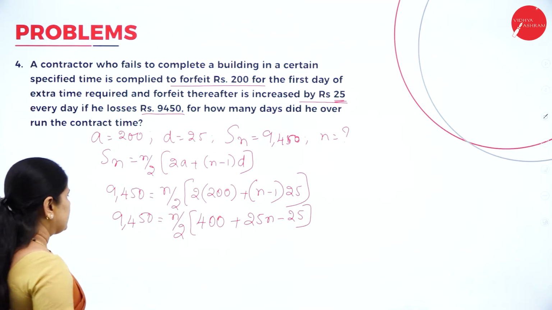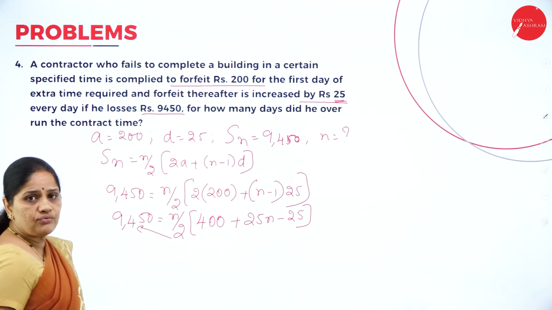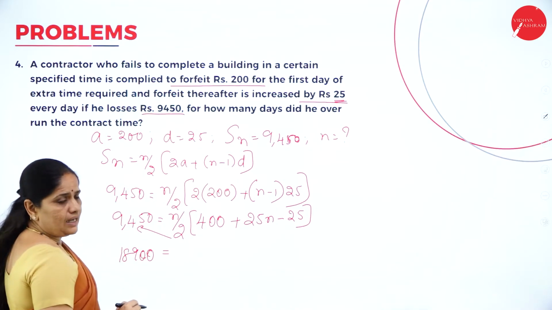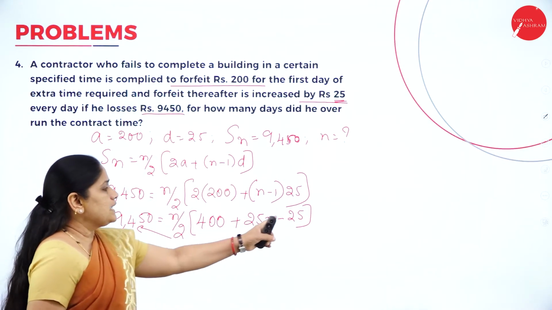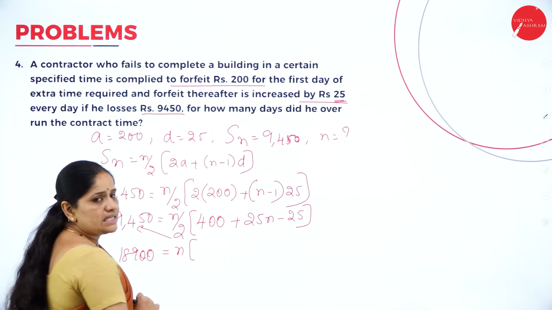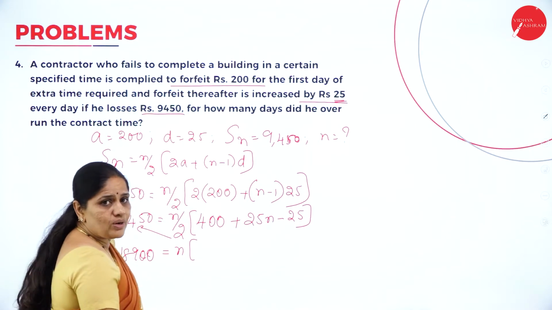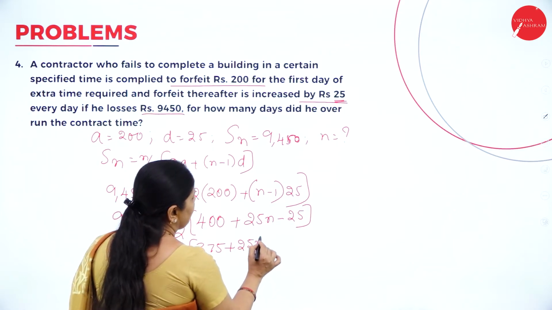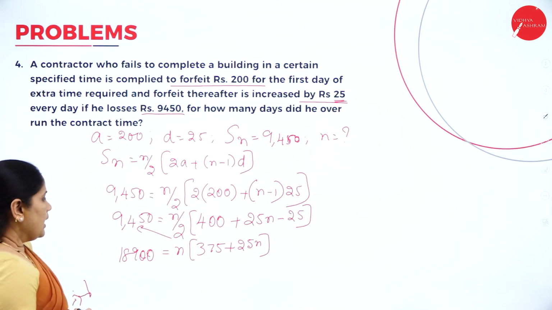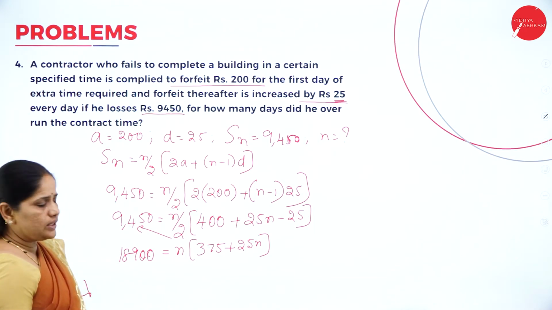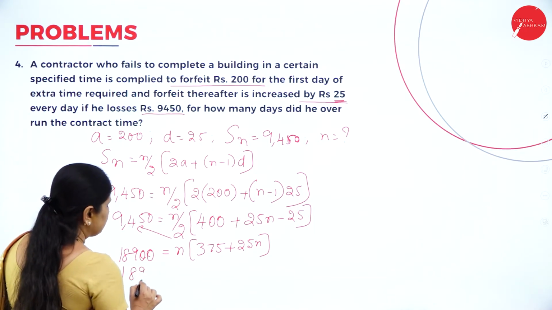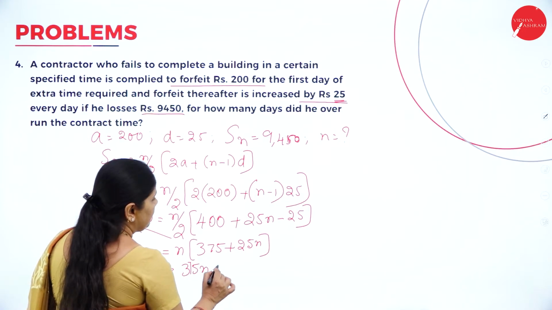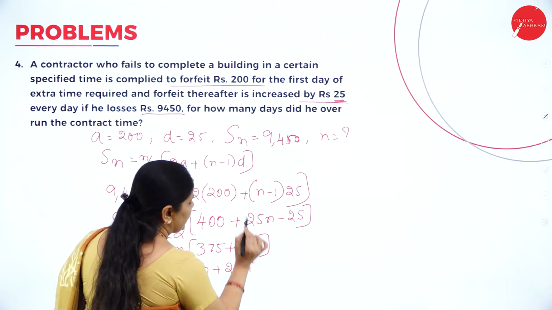Now I simplify this. So 2 into 9,450 comes up to 18,900 equals, so I'll write N as it is. Now 400 minus 25, 375 plus 25N. Okay, now I have to multiply this N into this bracket. So I write 18,900 equals 375N plus 25N square.